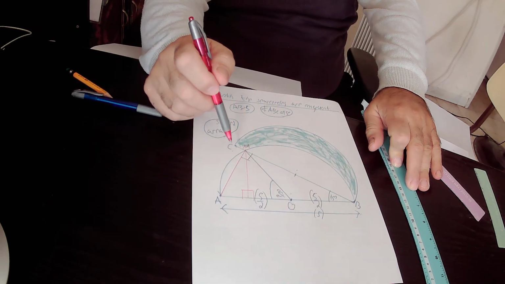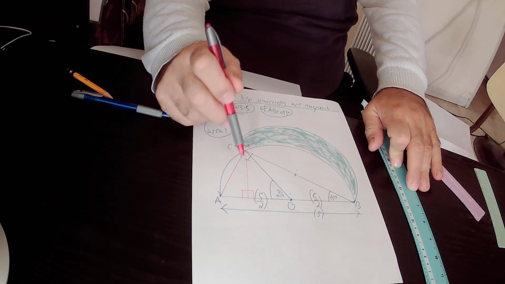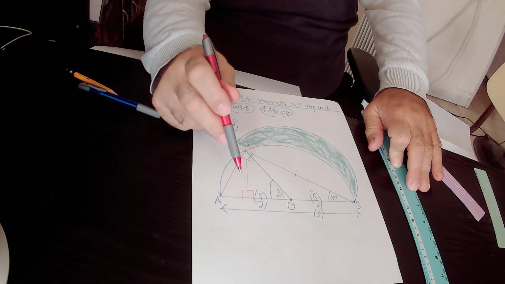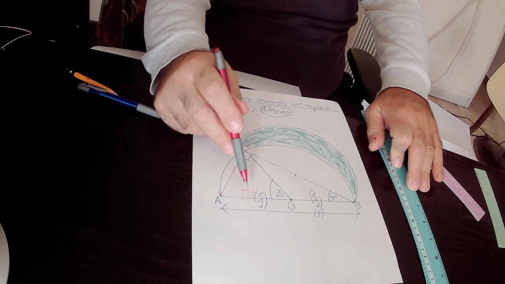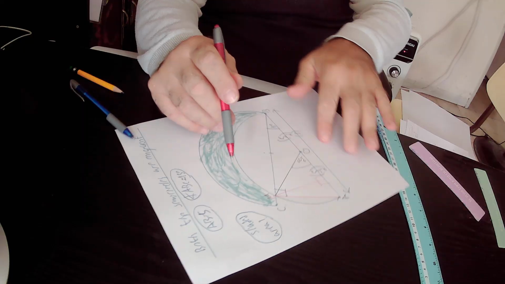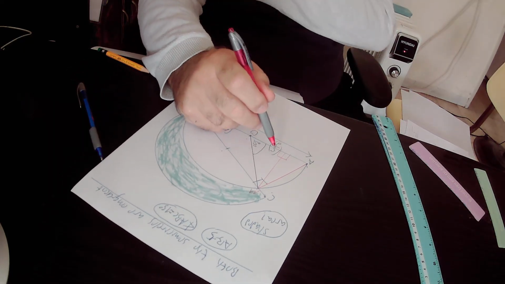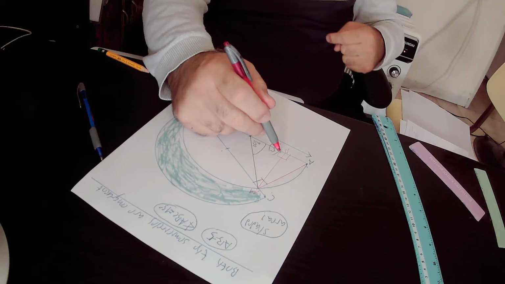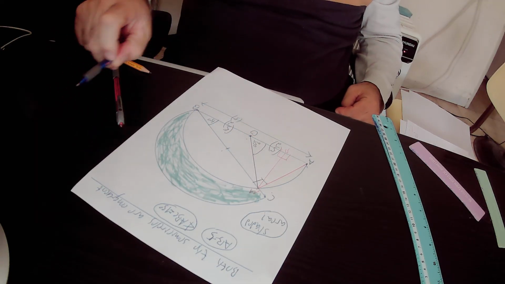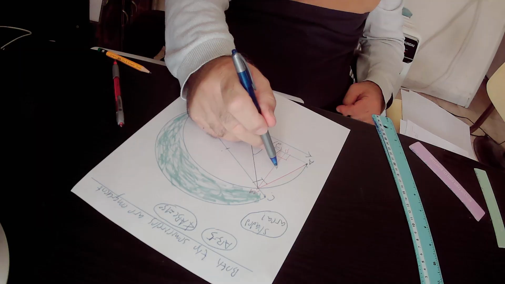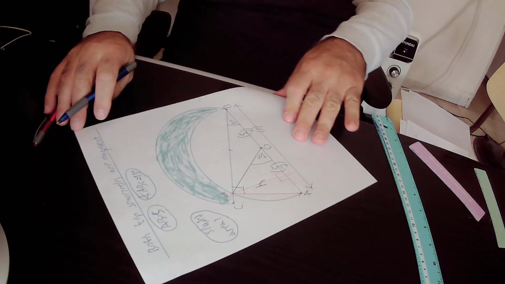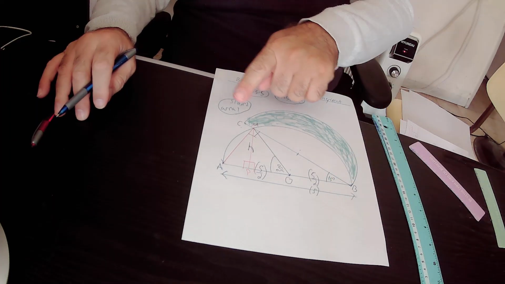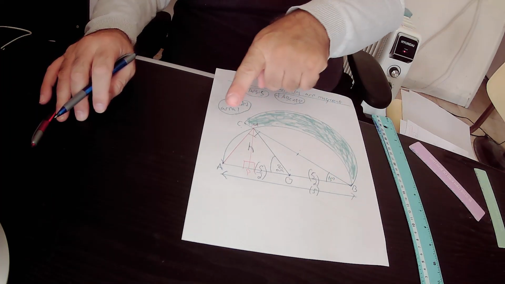We define the touching point of the perpendicular from point M on AB as point P. We define the length of the perpendicular MP as h. So h is the height to the base AB.